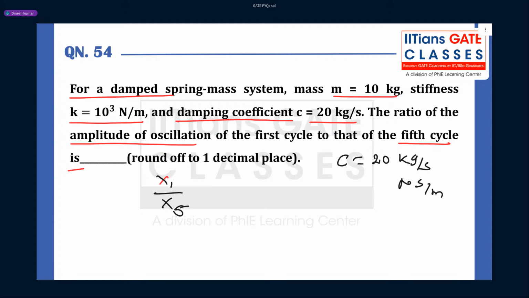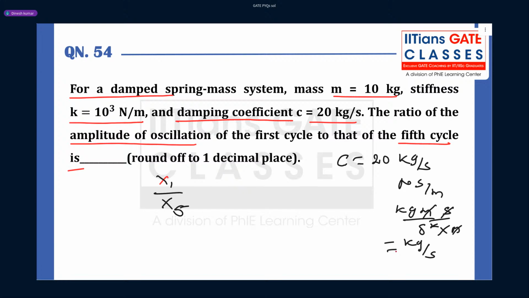Newton is kg meter per second square, into meter into second. So the second cancels, the meter cancels, and it is kg per second. Clear? So there is no issue with the unit.